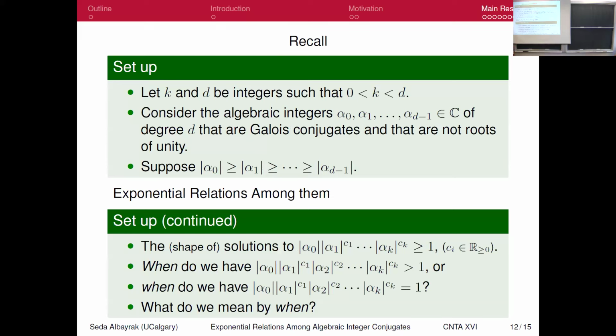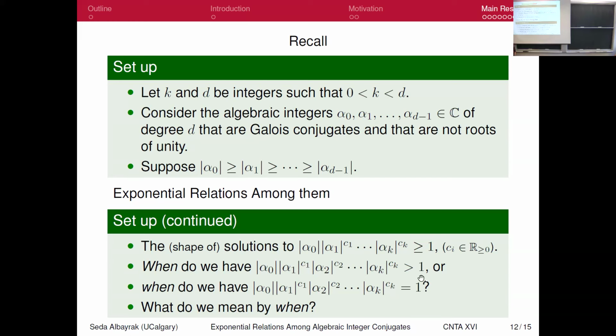Okay, so it has been some time, so I just want to bring our attention again to the setup. We were looking at algebraic integers of degree d, which are Galois conjugates, not roots of unity, and we have this order. This was the first question we looked at: the solution set to this inequality with greater than or equal to 1, and we looked at the shape of it.